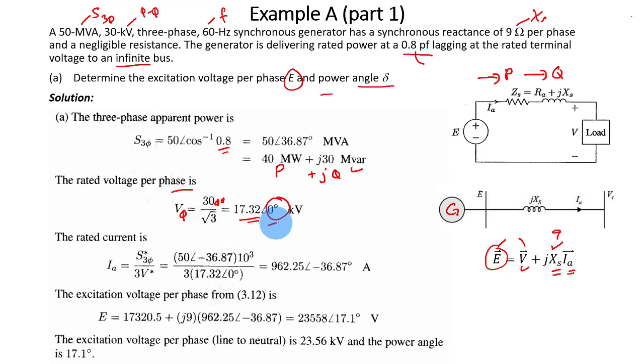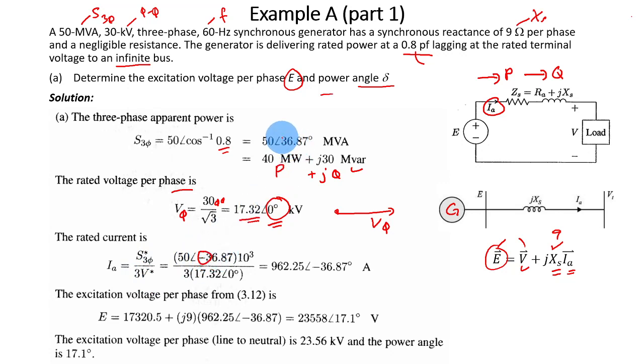Remember, we always assume the reference voltage V phase is at 0 degrees. Then you want to find the rated phase armature current IA. From the previous example, we used this formula: the three-phase apparent power conjugate divided by 3 multiplied by V conjugate. So S three-phase conjugate is 50 at the angle of minus 36.87 degrees.